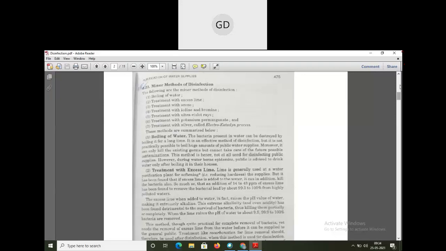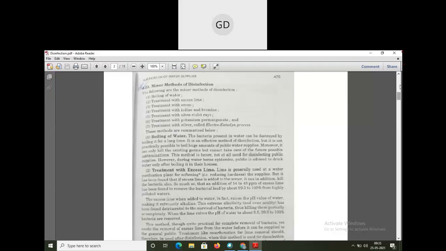But you have to boil the water for a long time, and you can boil only a small amount of water. It is not possible to boil public water supplies. It is an effective method of disinfection, but not possible for public water supplies because that is a huge amount of water.